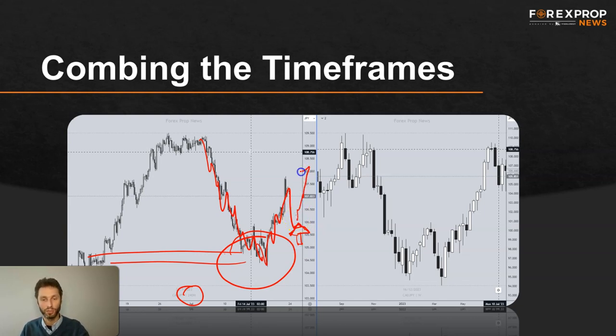And then expect the market to continue because overall we are on the higher time frame. So that is, in this case, a combination of the weekly with the 4-hour.